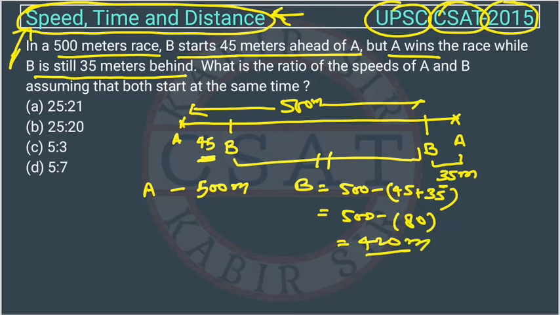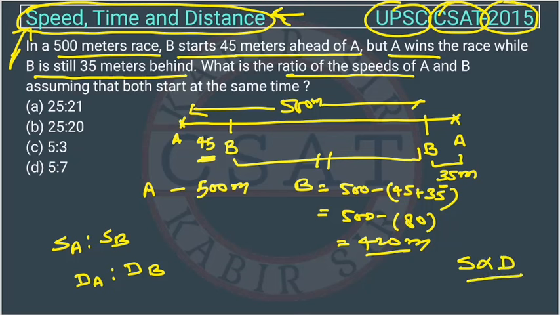So, what are they asking? They are asking the ratio of speed. We know that the ratio of speed will be equal to the ratio of the distance traveled by A and the distance traveled by B, because speed is in direct proportion to distance if the time is constant.